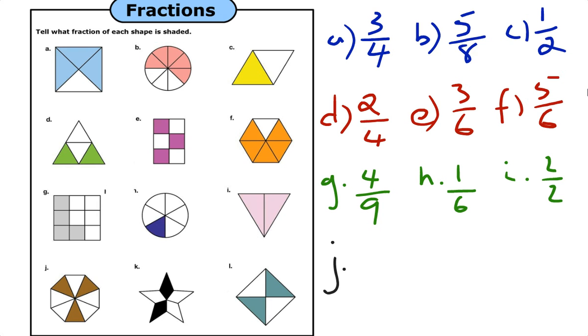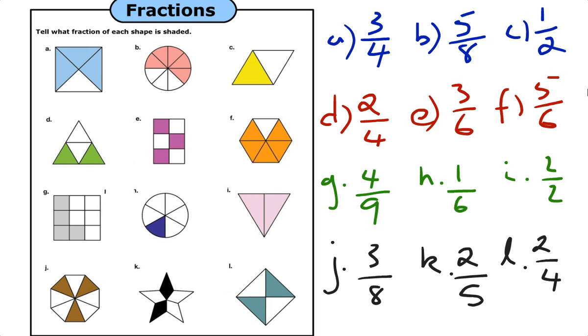And for J we have 3 out of 8. K we have 2 out of 5. And for L we have 2 out of 4. Hopefully that was nice and easy, but that's just an introduction into fractions and finding fractions.